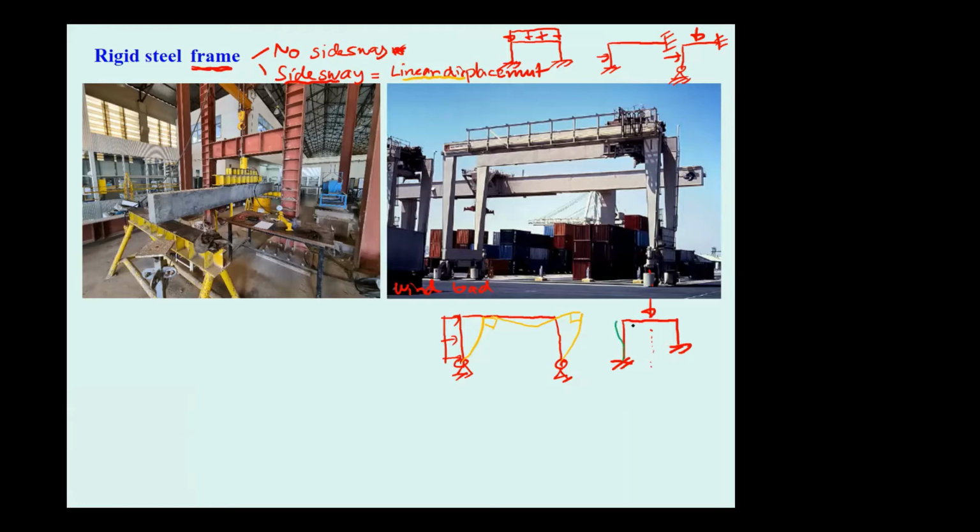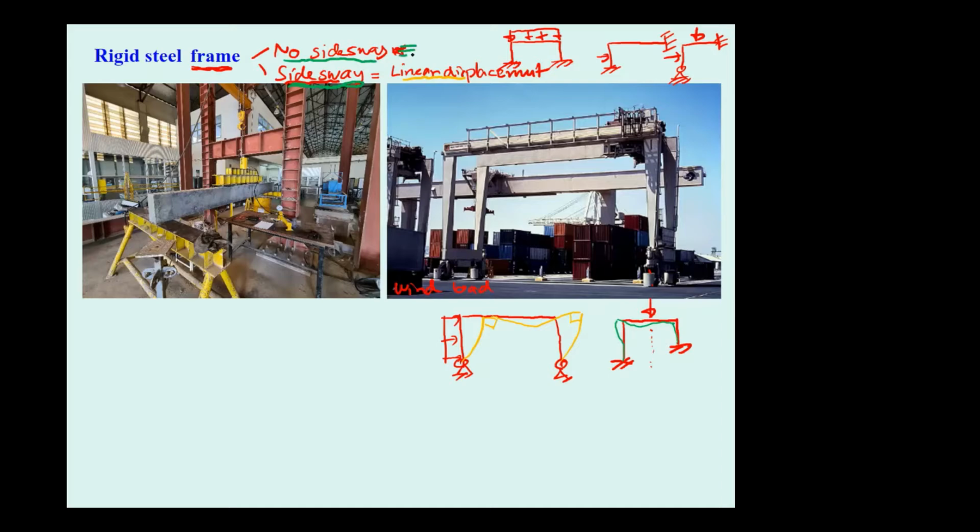If the beam has constant EI, the frame may have this kind of elastic curve. I can now redraw this because we want to check whether the frame is going to be a frame with side sway or a frame with no side sway.